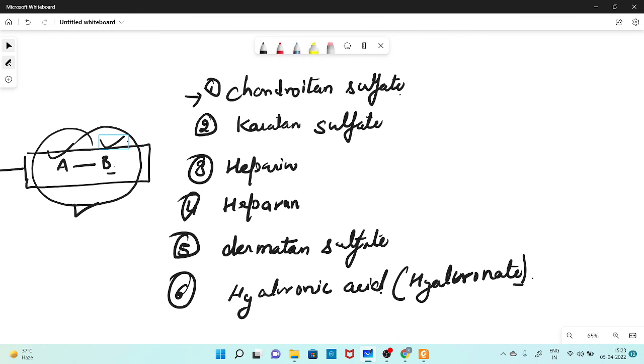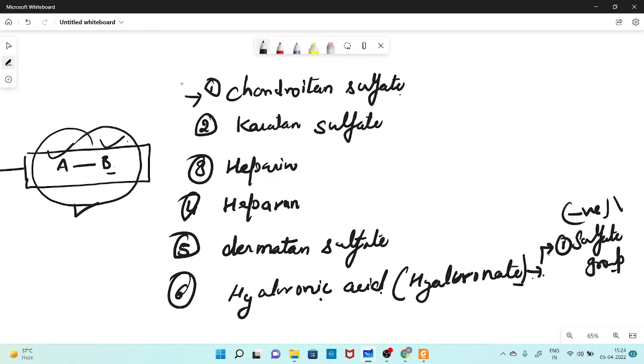So in all of them there is hyaluronic acid, which is an exception: it does not have any sulfate group in it, which means there is no negative charge.